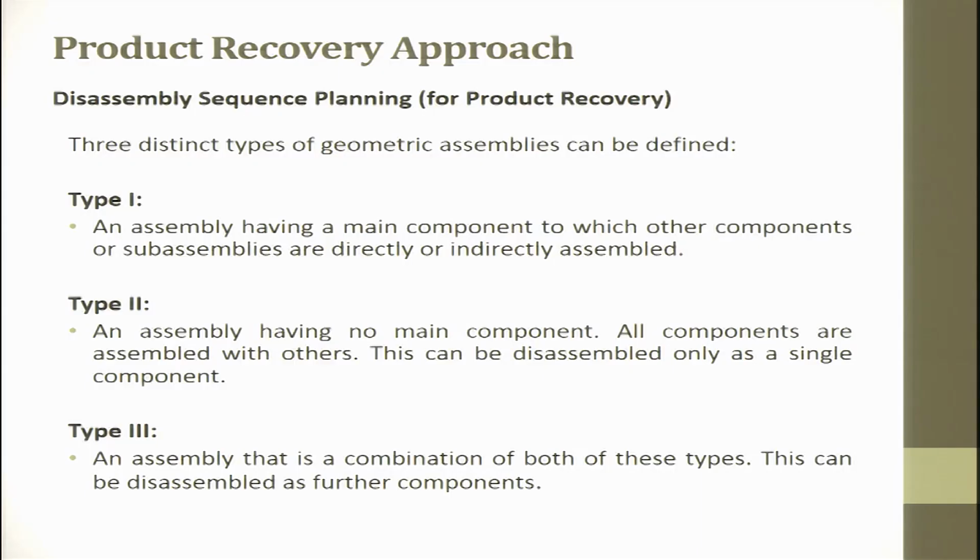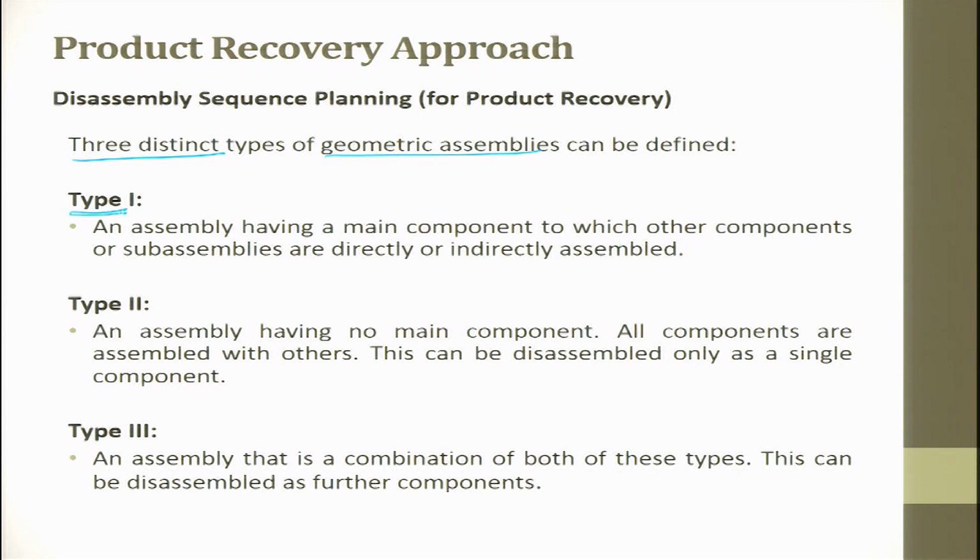For dismantling and disassembly sequence planning for product recovery, 3 distinct types of geometric assemblies can be defined. First is type 1: any assembly having a main component to which other components or sub-assemblies are directly or indirectly assembled.